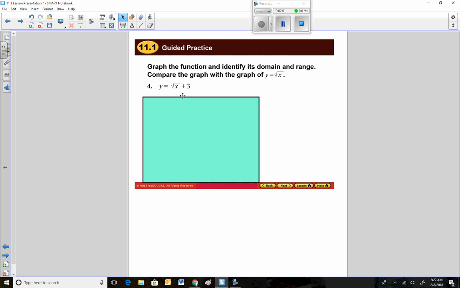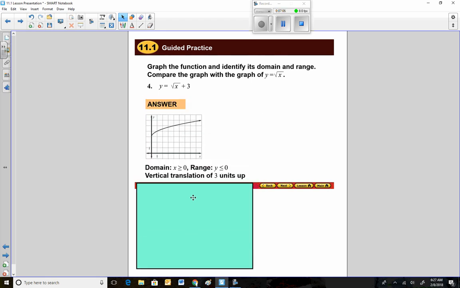All right, welcome back. We have this translating up 3 spaces, and one thing I did not mention is domain and range. The domain starts from here from 0 and moves that way, so it's x is greater than or equal to 0. Range, look where it's starting. It's starting right here at 3. Oh, right there, see it? From 3 and above. So you have to have y... oh, that's interesting.